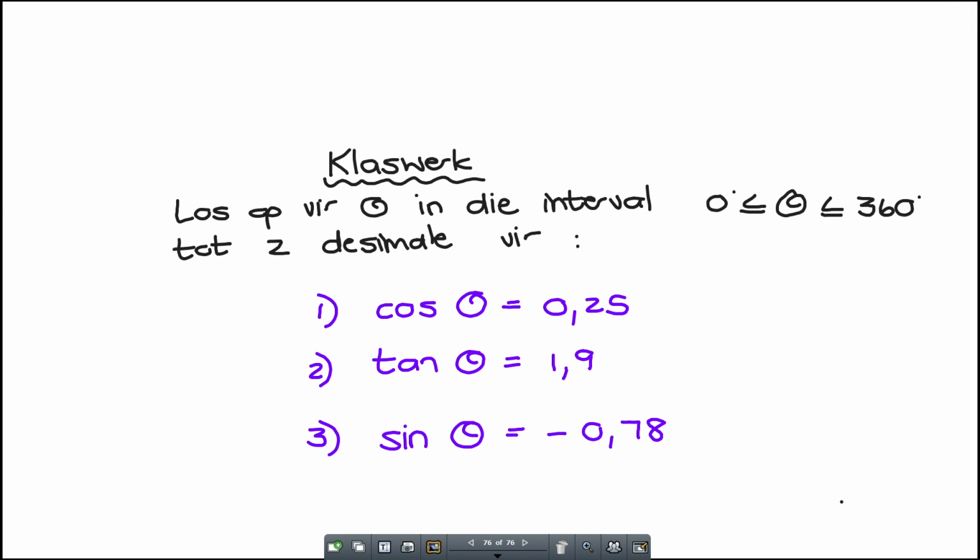Onthou, almal van hulle is plus 360 en behalwe wat van tan, hy moet wees plus 180 en, onthou julle? Remember what I said just now? The period of sine and cos is 360, so you would say plus 360 times n. But when it's tan, it must be plus 180 n, want sy periode is mos net 180. Okay, right, you guys can get started on that.